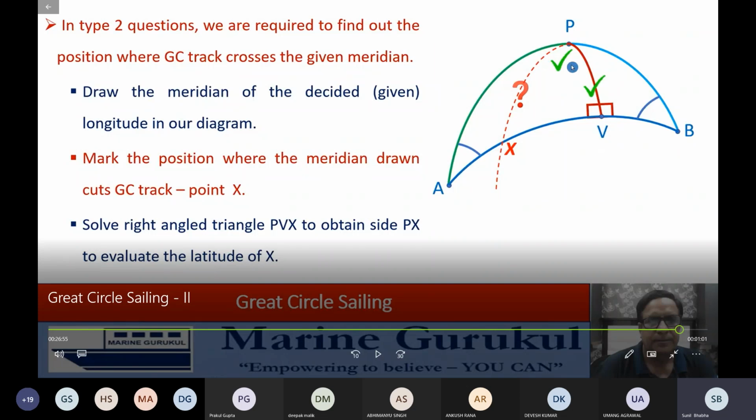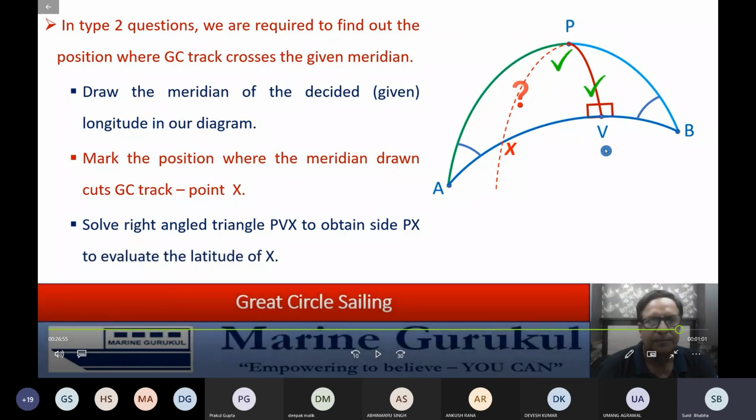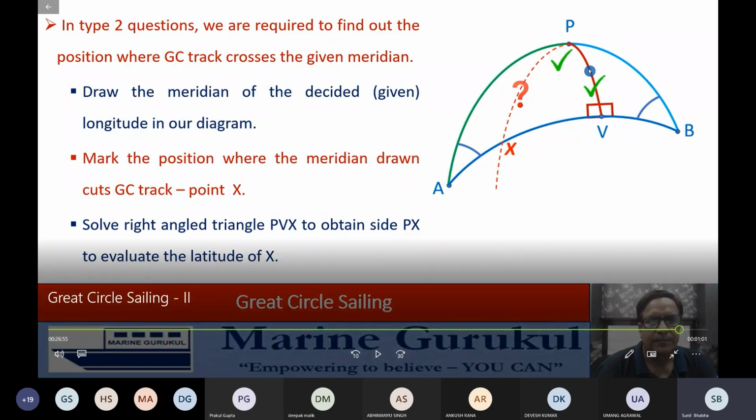The d long between V and X is 35 degrees, and we know this position X is on the left side of the vertex, which means it is to the west of the vertex. So this 35 degree d long is westerly d long. From 50 degrees east, you go west by 35 degrees and you will reach 15 degrees east.